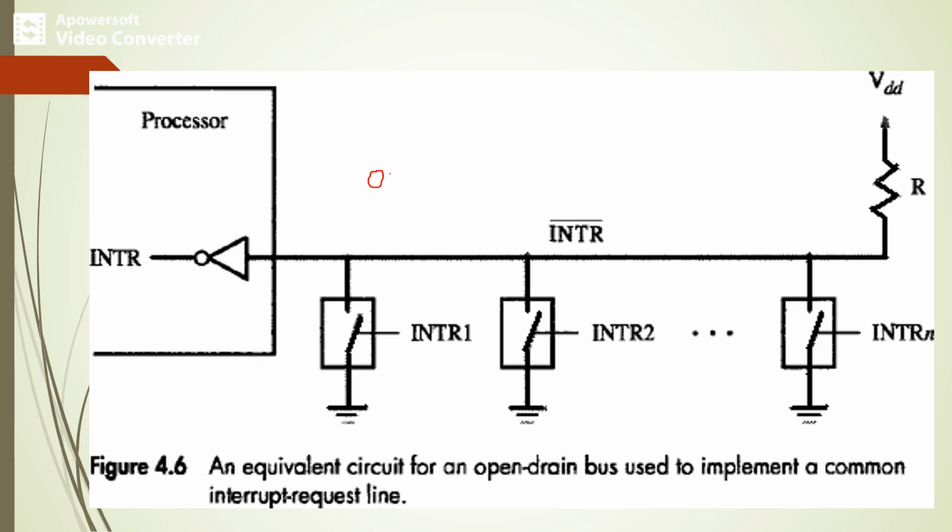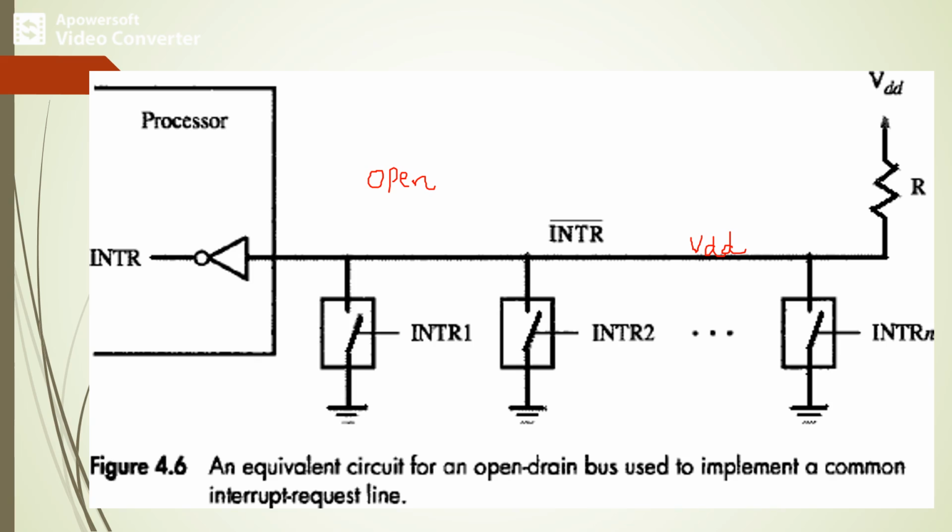Whenever the switches are open, the voltage on the interrupt request line is VDD, and hence no interrupt signal is generated.